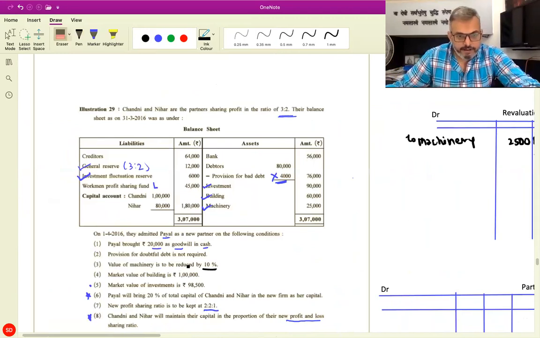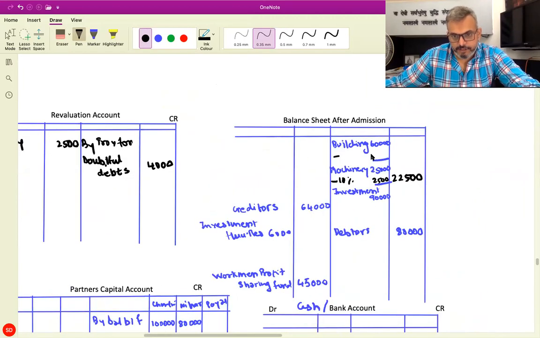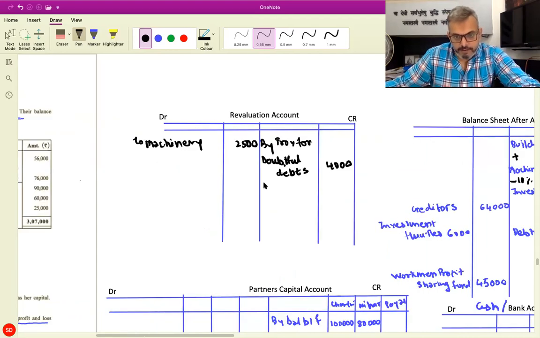Value of building is 1 lakh. So 60,000 to 1 lakh. So increase 40,000. 1 lakh. By building 40,000.